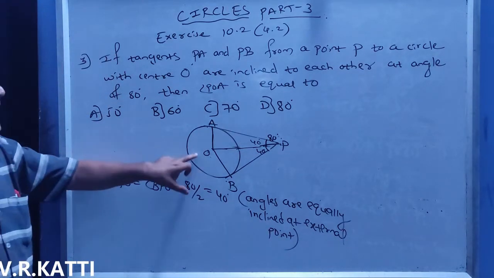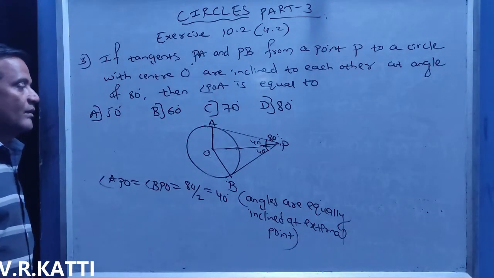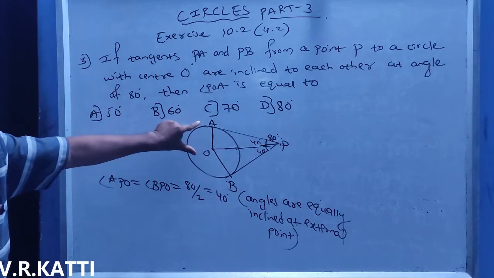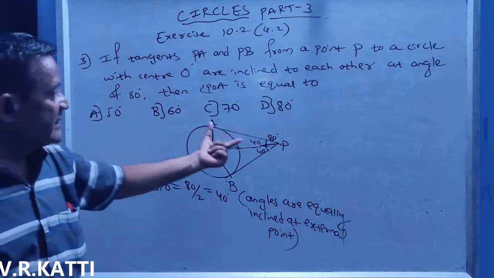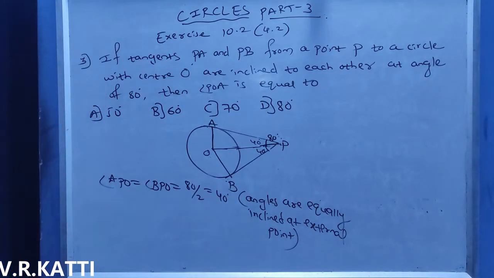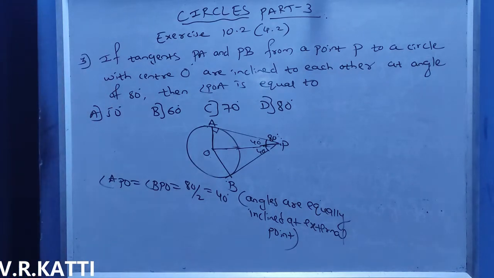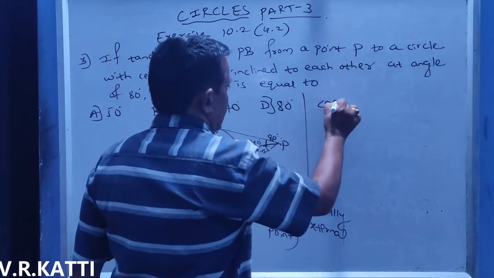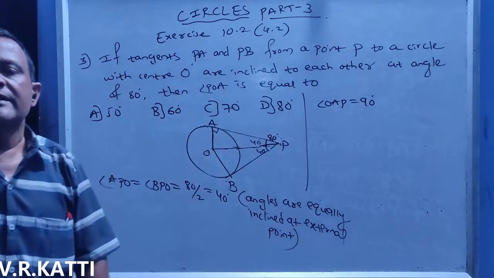Students, what is the angle OAP? Yes, OAP is 90 degree because OA is the radius, AP is the tangent. So the angle between the radius and tangent is 90. So angle OAP equals 90 degree.